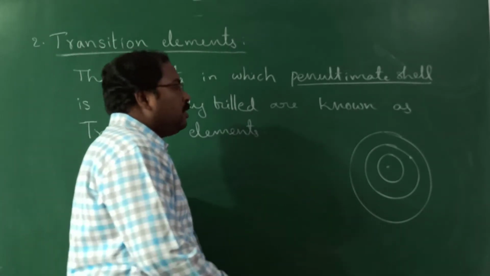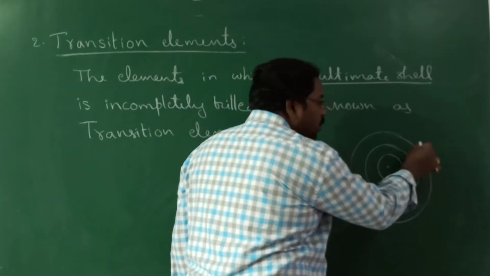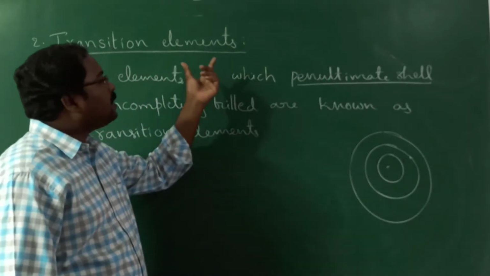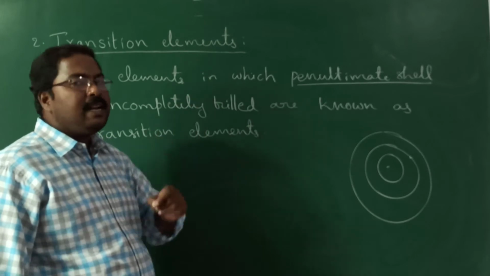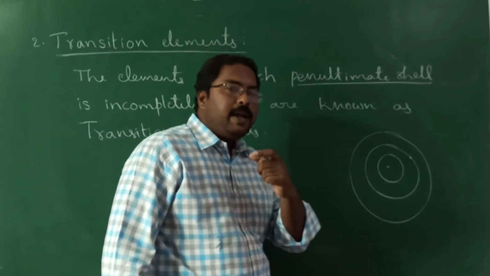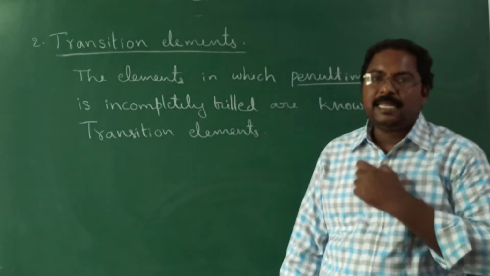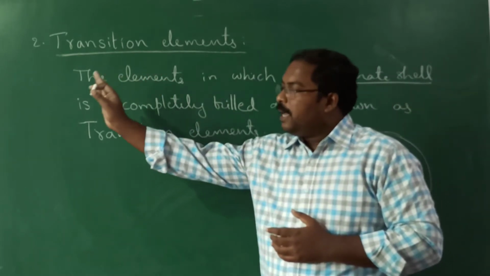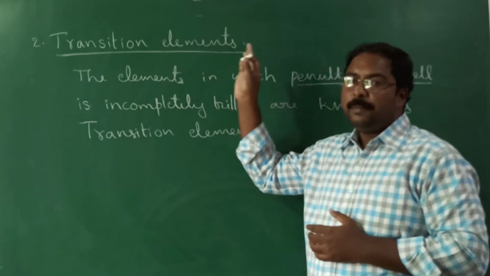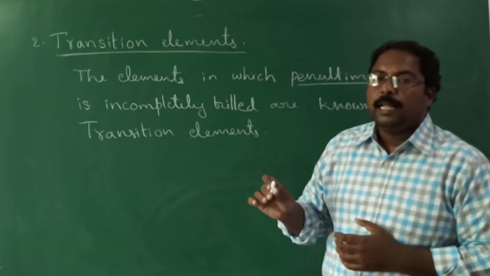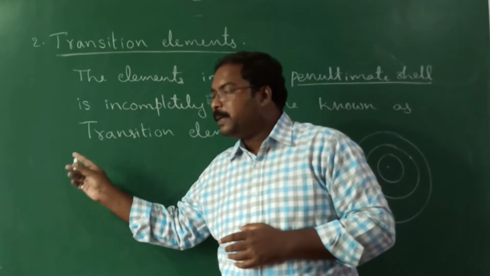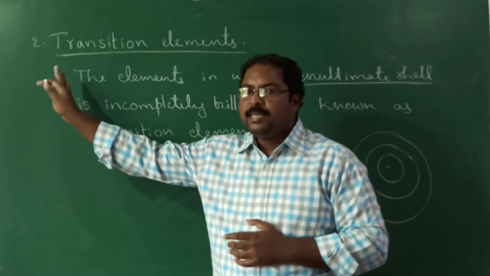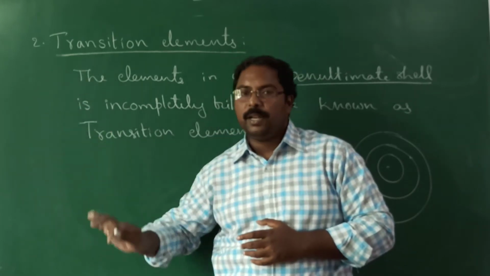Right? So these elements in which the last two orbits are incompletely filled, those elements are known as transition elements. If you observe the specialty of these transition elements, they are present between S block elements as well as P block elements. The specialty of S block elements, on the extreme left hand side of the periodic table, is that these are highly electropositive elements.